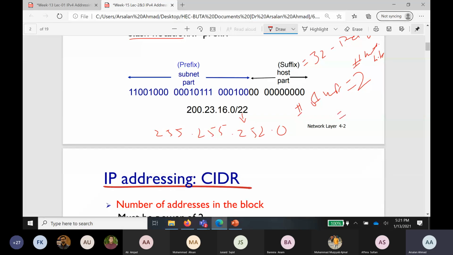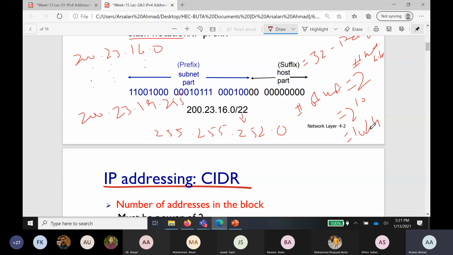So 1024 is the number of addresses. 1024 means that the total address range will be from 200.23.16.0 up until, can anyone tell me the total range? 200.23.16.0 up to, anyone? 200.23.19.255.